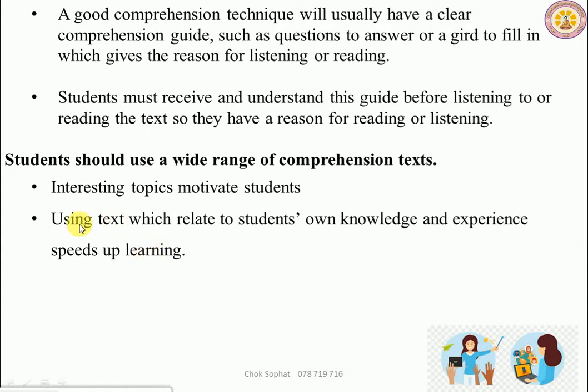But if the text is more difficult for a student, they will not be able to take part in the learning. They will not be interested in learning because the text is too difficult. So the learning cannot be upgraded.